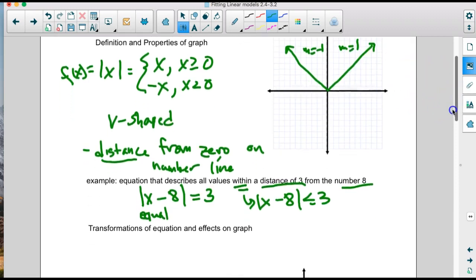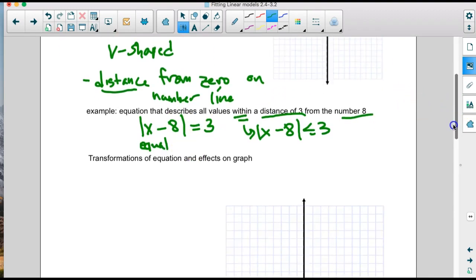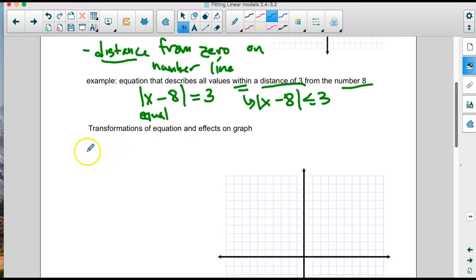All right. Now these changes to the graph of the absolute value of x are transformations. So when we do this kind of thing, we're moving away from 0 and transforming the equation and the graph. Now we have a standard set of transformations.